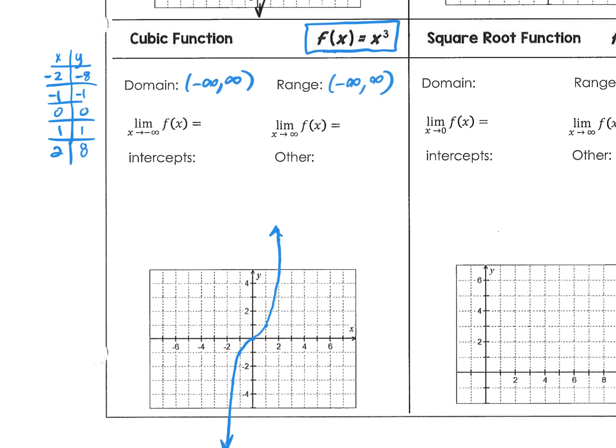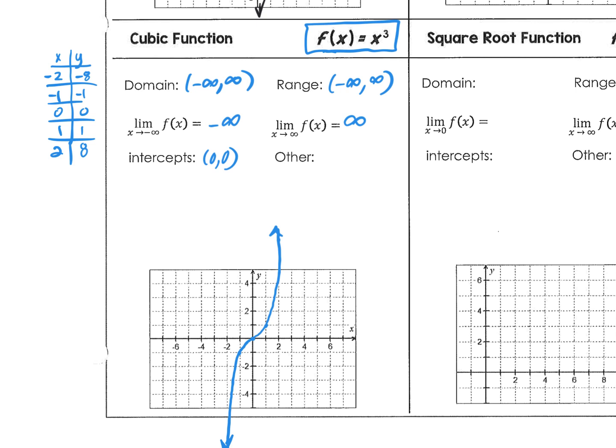As it goes to the left, what is the end behavior? Negative infinity. And to the right? Positive infinity. Good. What are the intercepts? 0 and 0, so 0, 0 are its intercepts. Awesome.